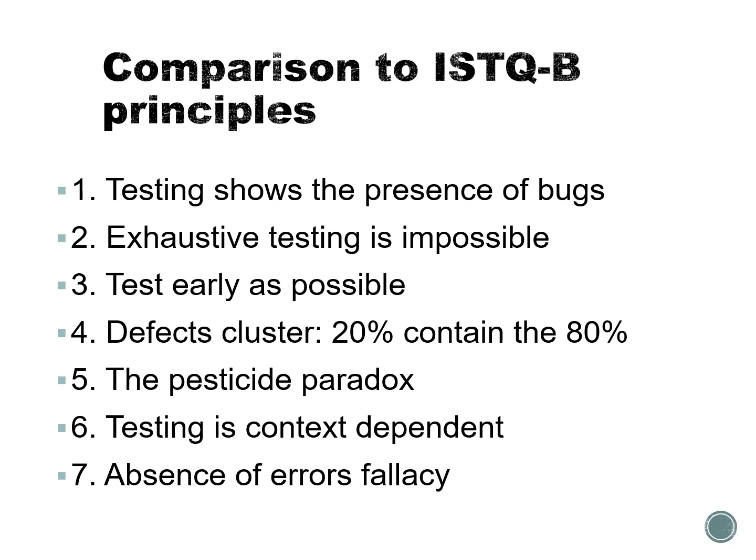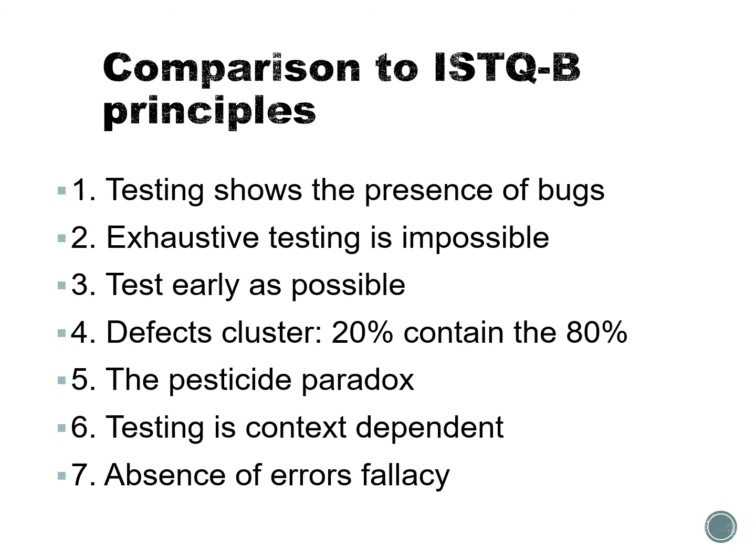And of course, if we compare this to the software testing certification ISTQB, there's only a handful of things that are different from this. So testing only shows that there are still bugs in the system. It never shows that the system is free of them. So of course, test as early as possible, defects cluster, and there's a test.